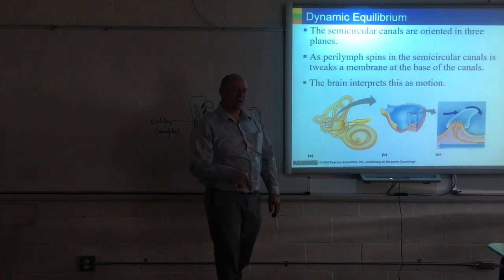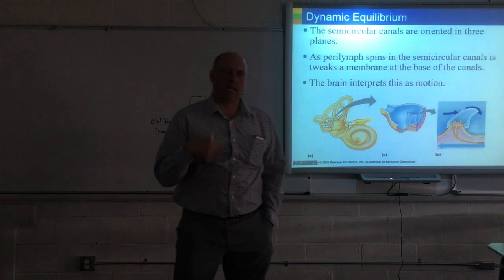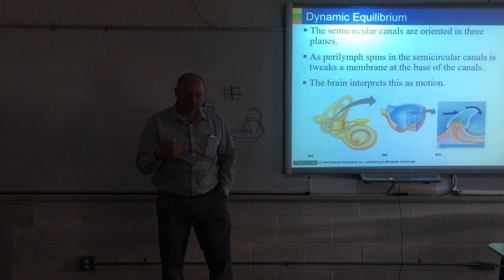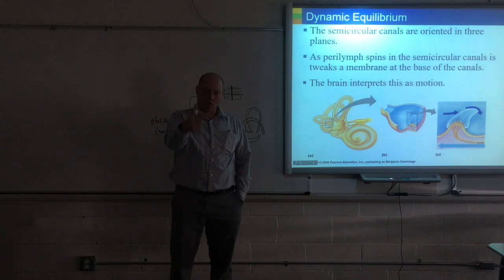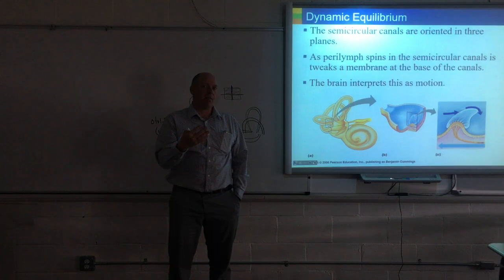What happens when I make myself dizzy? What I'm doing is I'm spinning the perilymph within these canals. I'm causing the perilymph to actually slosh around through these canals, which then tweaks the hair cells at their base and sends a message to my brain that I'm in motion.